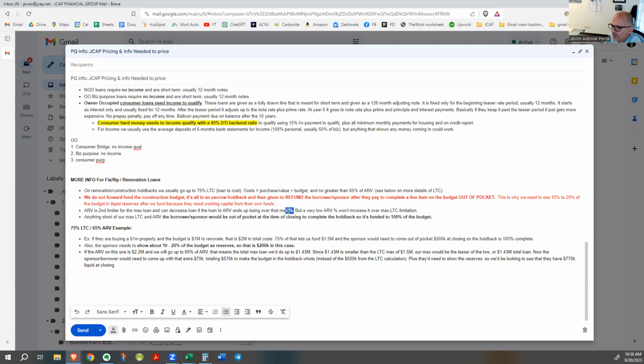It came in lower than we thought. But a very low ARV percentage won't increase it over the max LTV limitation. Anything short of the max LTC and ARV, the borrower/sponsor would be out of pocket at the time of closing, the holdback is funded 100% to 100% of the budget.